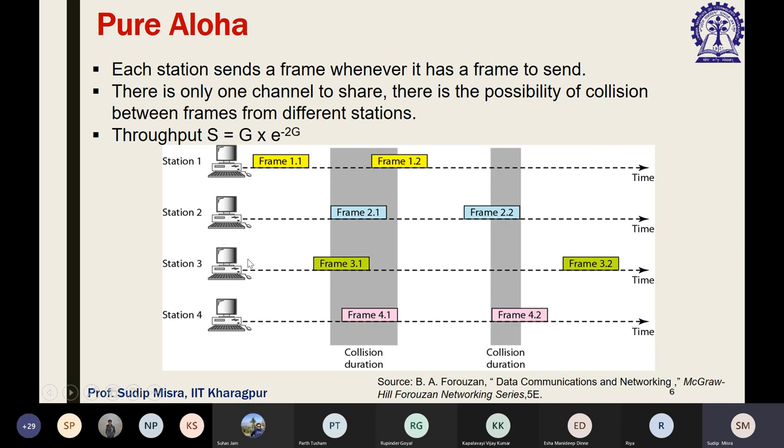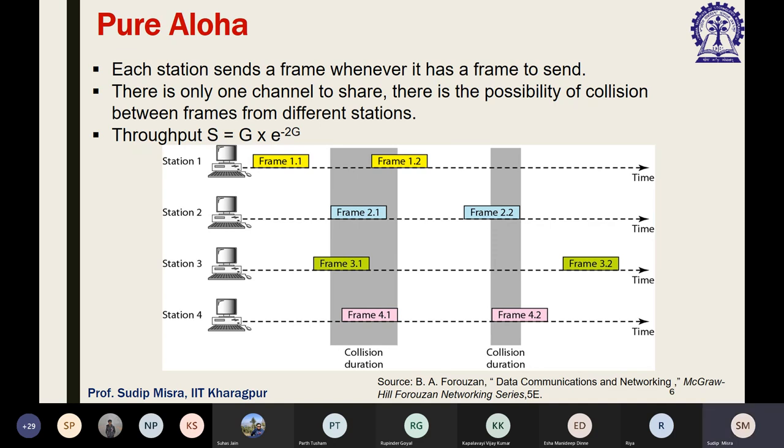So it assumes that a collision has taken place. Then their natural tendency will be to resend the frames, and they are going to resend the frames after the timeout period, right?